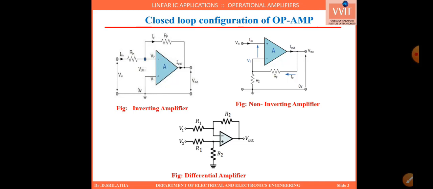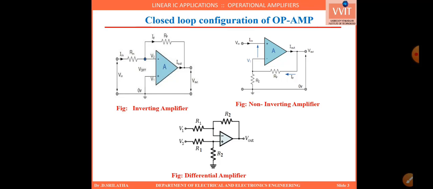Now in previous sessions we have discussed the open loop configuration and how it works without feedback. There are certain limitations in open loop configuration because the output will be limited to the saturation value.